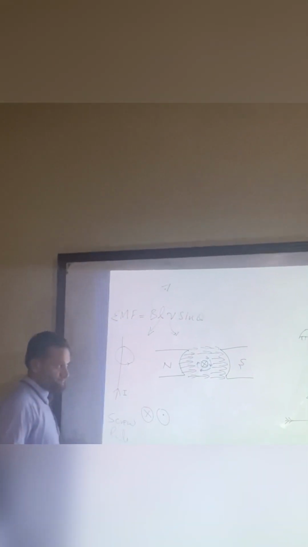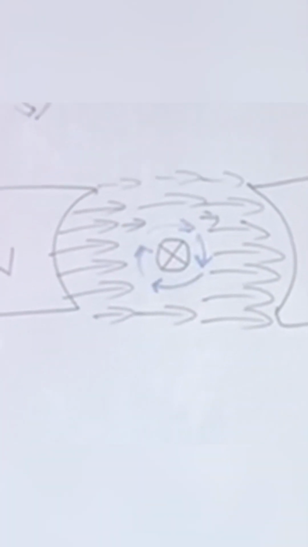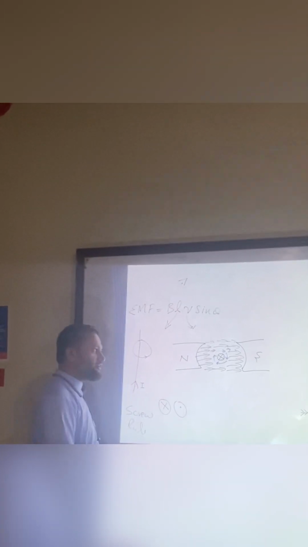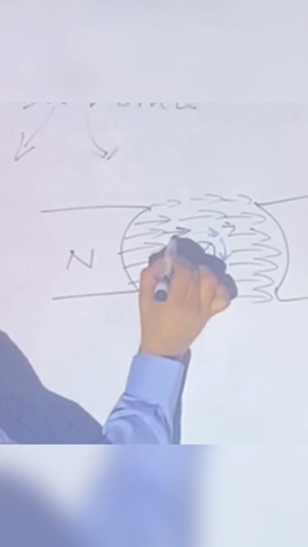Now look over here. What will happen in this upper portion of the conductor? The direction of the flux around the conductor is in the same direction as the magnetic field flux, from left to right.